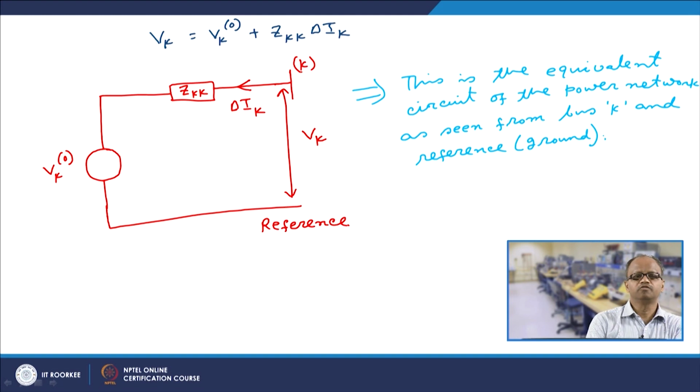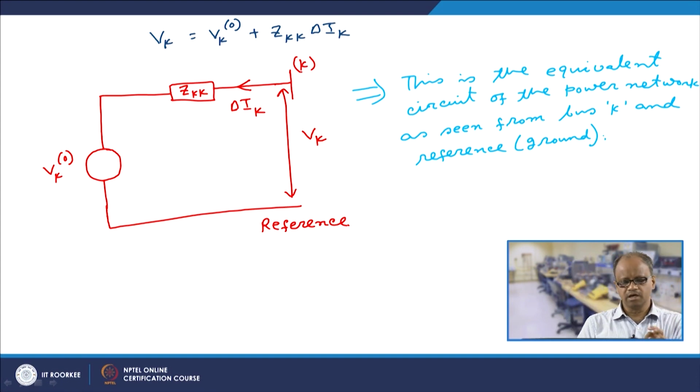Now, if I wish to find out the Thevenin equivalent impedance of the entire power grid as observed from bus K and ground, then from our basic understanding of network theory, we know that to calculate the Thevenin equivalent impedance we simply short circuit all the voltage sources, open circuit all the current sources, and then calculate the equivalent impedance as perceived from the given two terminals.